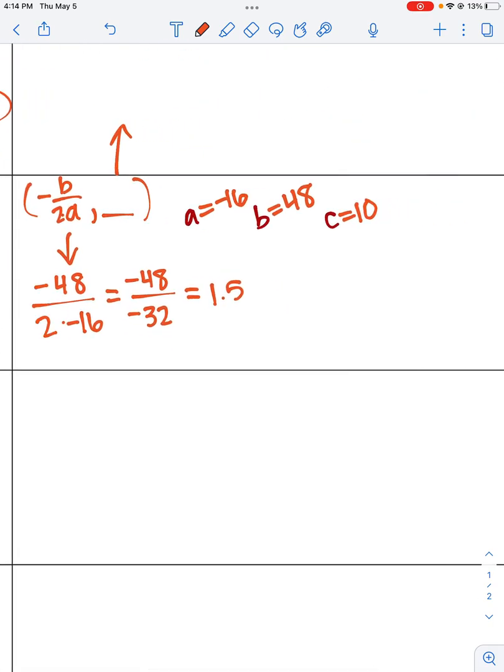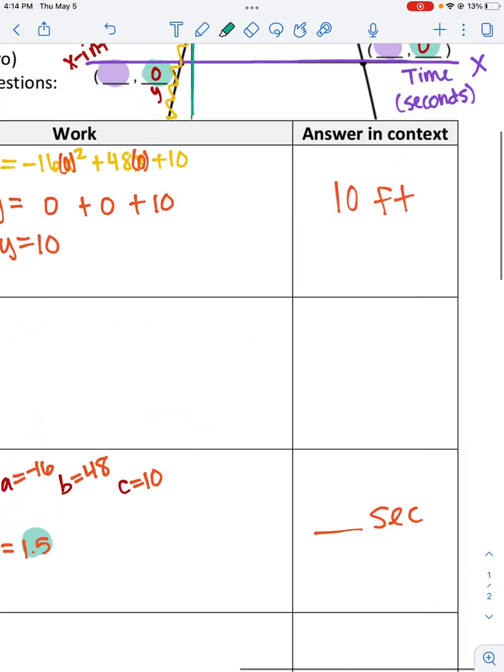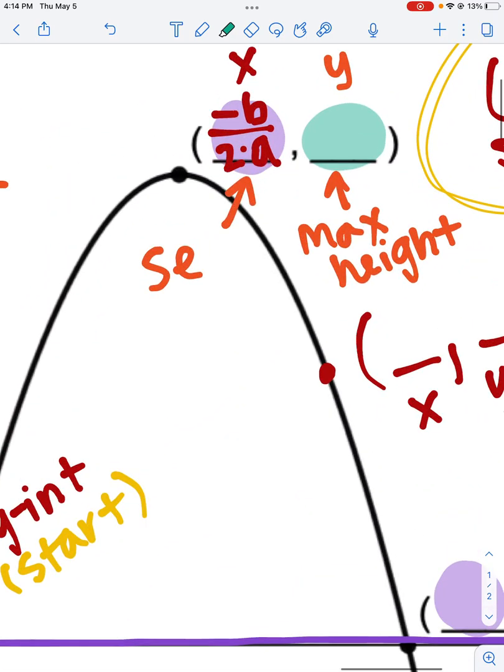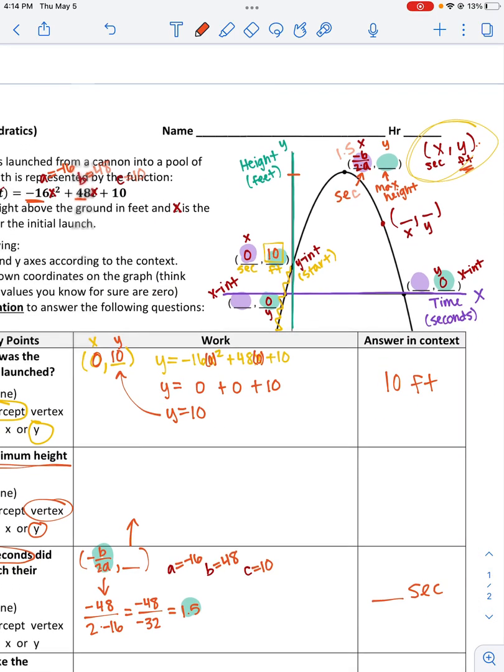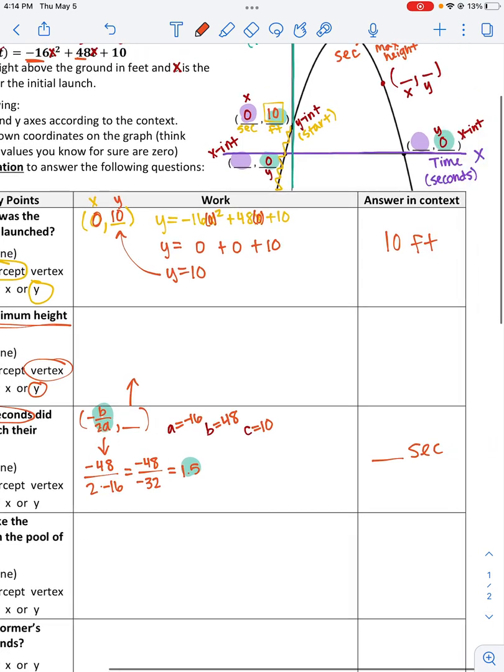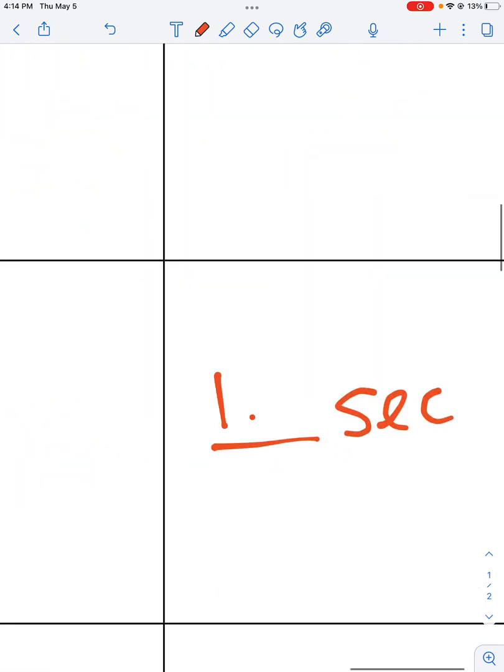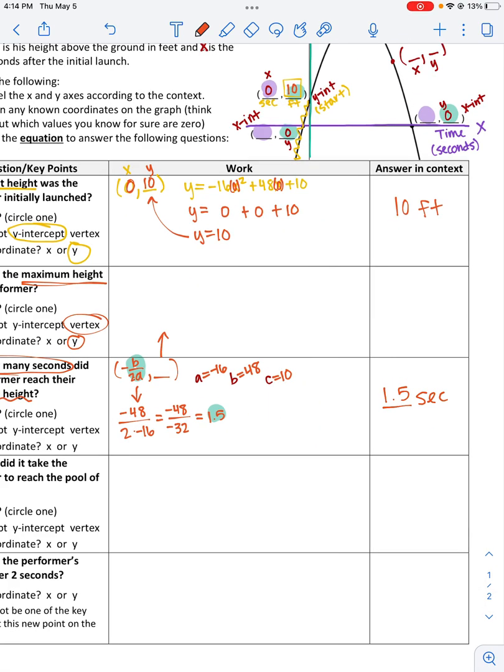So that tells me that the x-coordinate of my vertex, which traces back to there, is 1.5. So he reached his max height at 1.5 seconds.